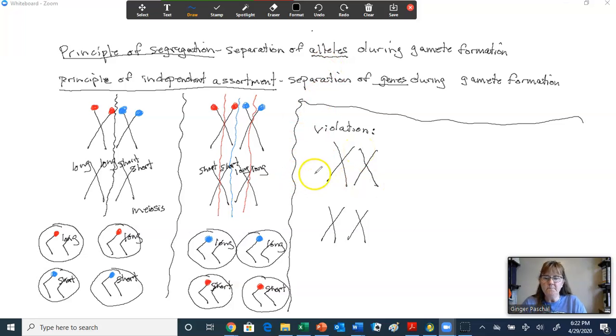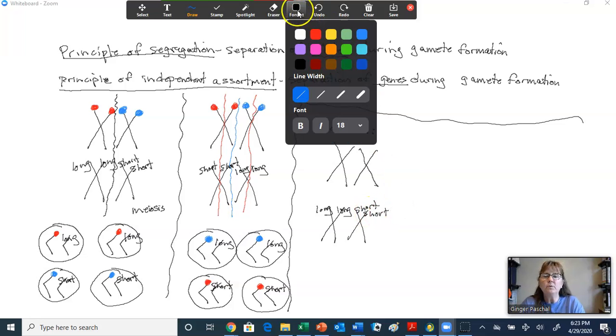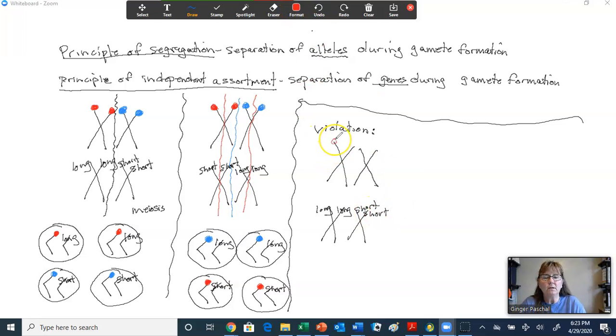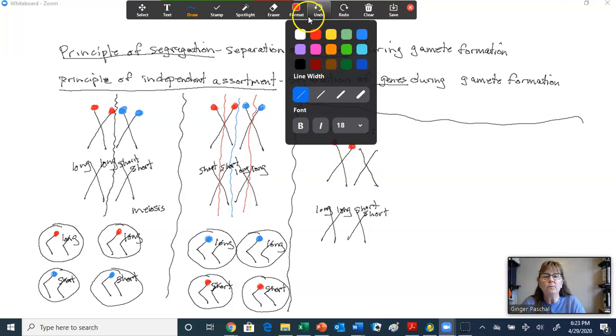Okay. So again, we've got long, we've got short, and we've got red, and we've got blue.